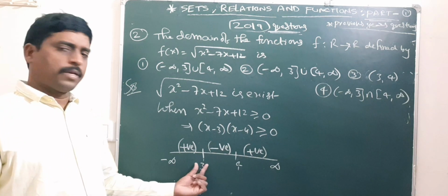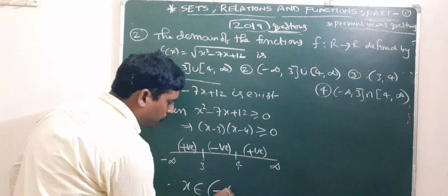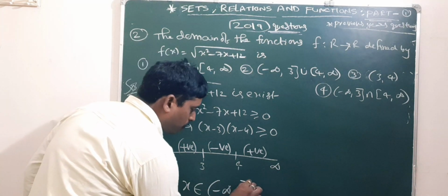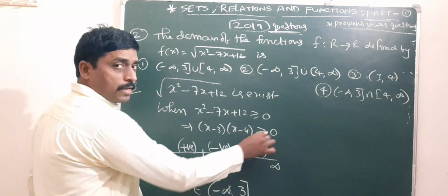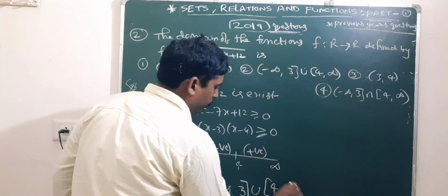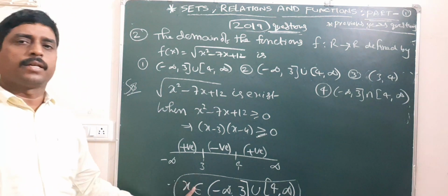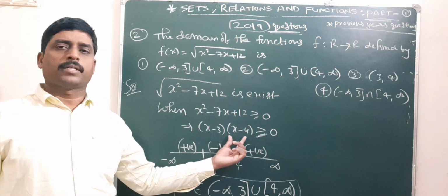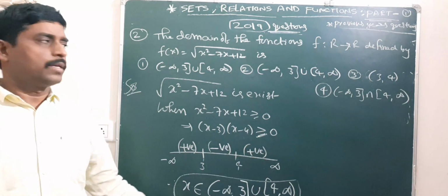Minus infinity to 3, union 4 to infinity. So minus infinity to 3 closed interval, because we have equal to, union 4 to infinity. In this interval, x minus 3 into x minus 4 is greater than or equal to 0. So this is the domain of the given function.